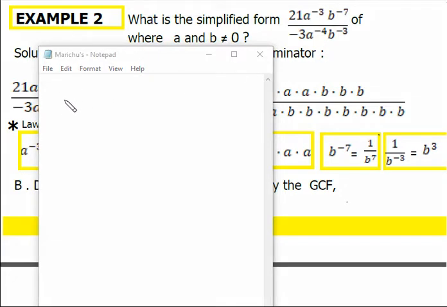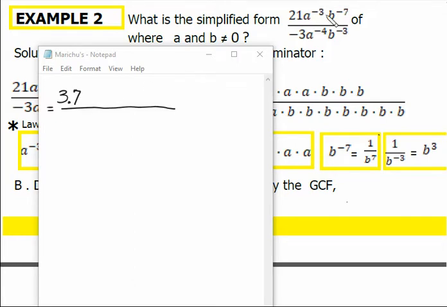Using the shortcut, I don't need to copy the expression. Let me just put an equal sign and a long division bar. So first, let's factor out 21. What are the factors of 21? We can have 3 times 7.